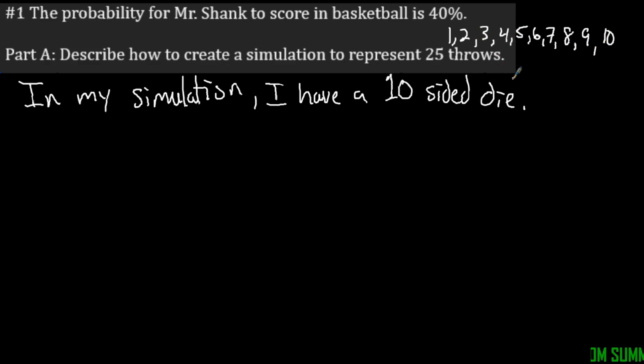Those are the possible results for that die. Let me label that too: possible outcomes. Again, an outcome is just a possible result.